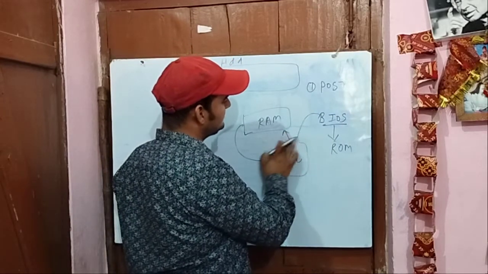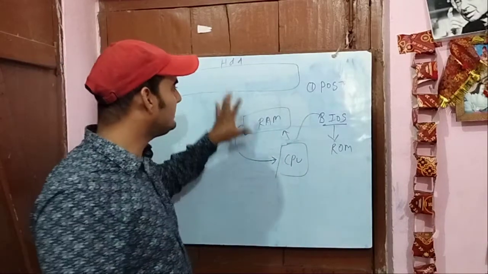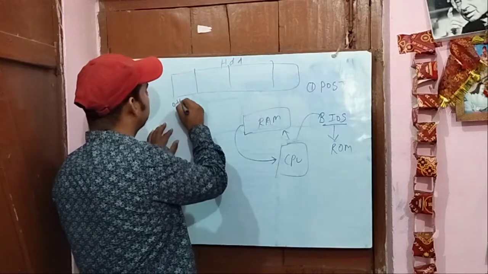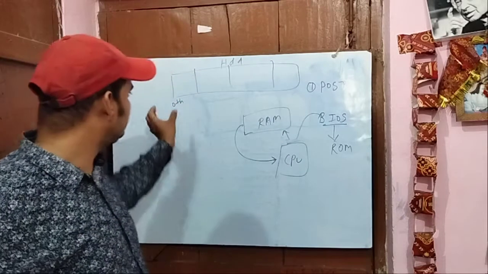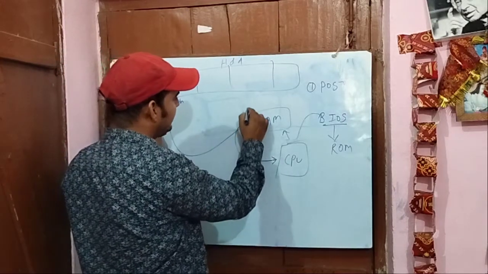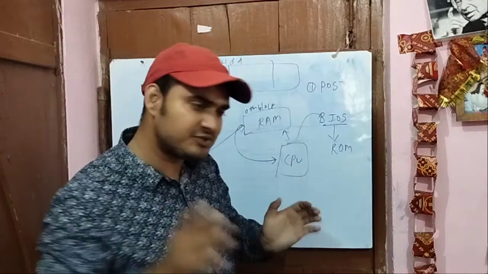It contains code that will load the zeroth block. Let's suppose this is the zeroth block. The hard disk has the zeroth block. That zeroth block will be loaded inside the RAM, and from that place the execution will start.